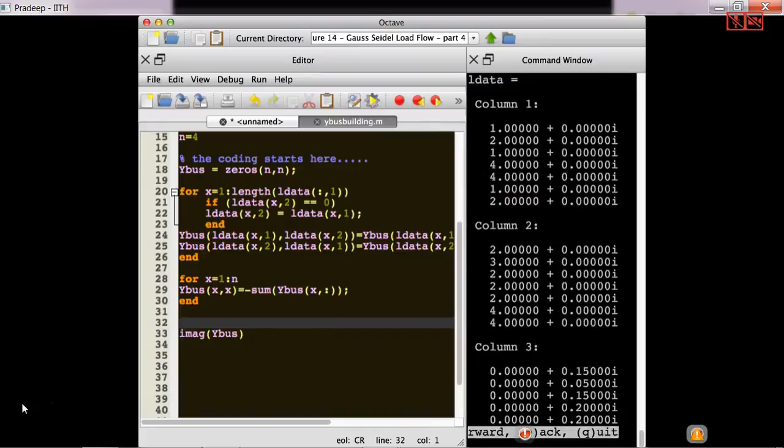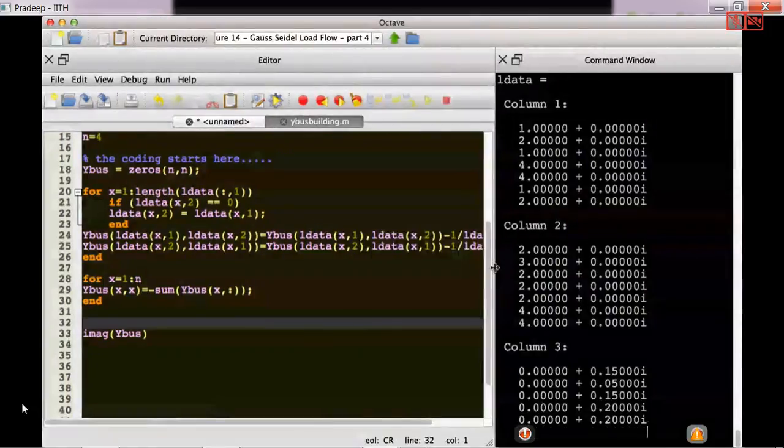On the screen on your right side, for our randomly generated system, we are able to see the Y-bus matrix.